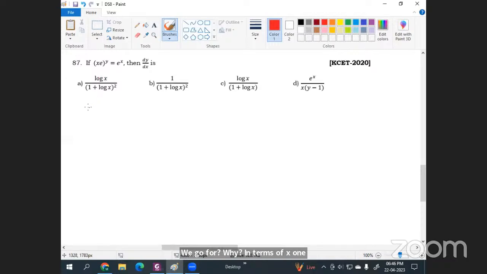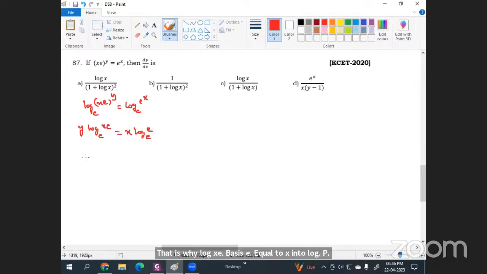Then take log of x^e whole power y to the base e, equal to log e^x to the base e, that is y log x base e equal to x into log e base e.